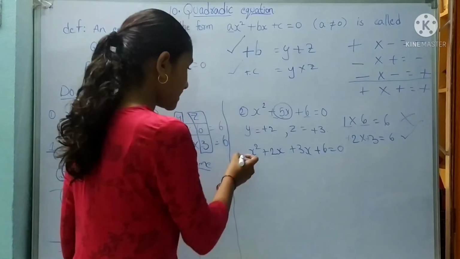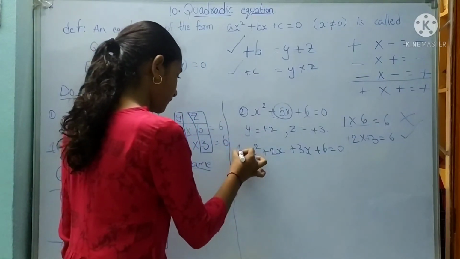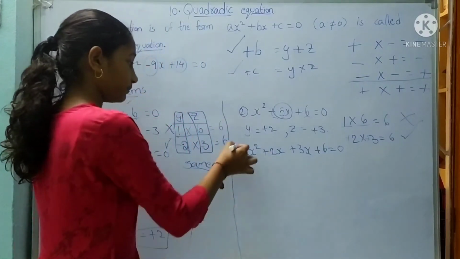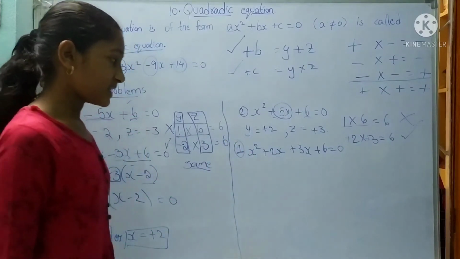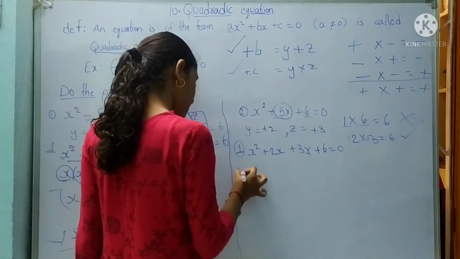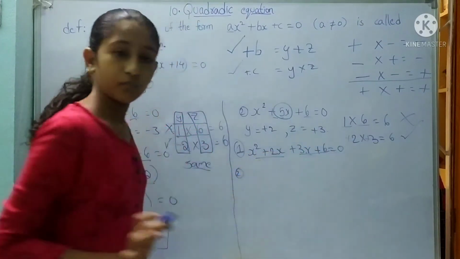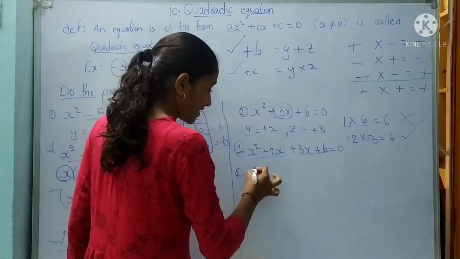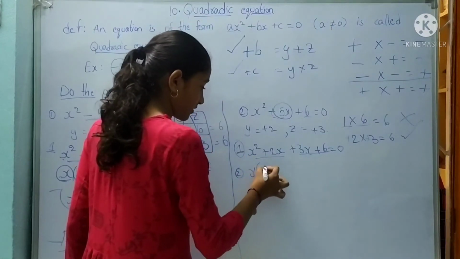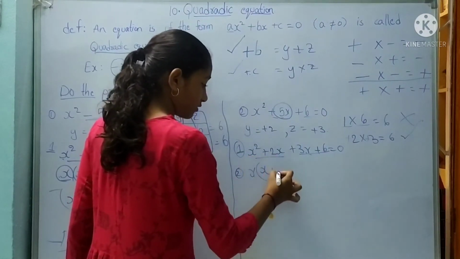And the first step we came to. Okay. And the second step is we have to take the common factor for these two and for these two. Here I am taking x as the common factor. So x into x plus 2.